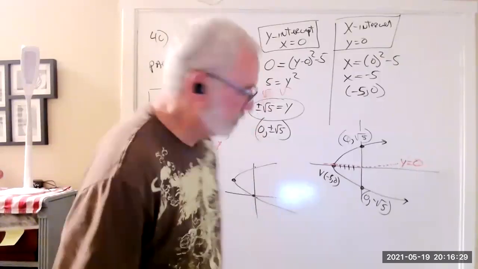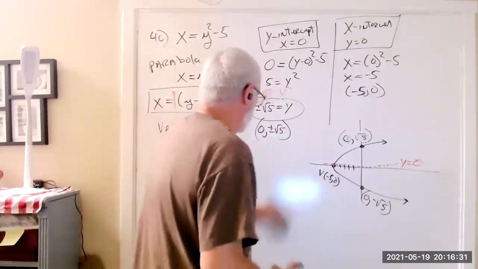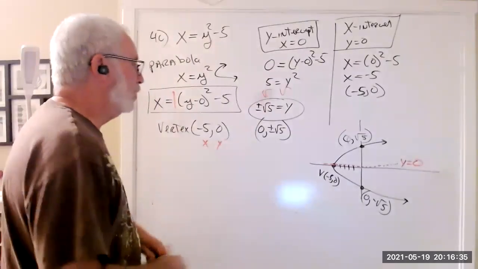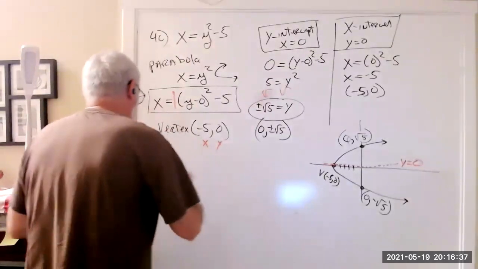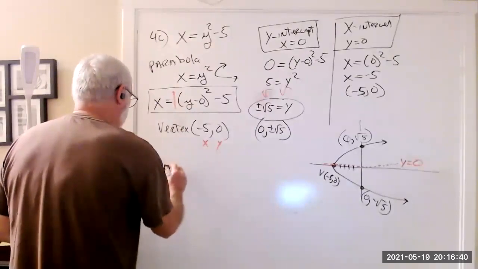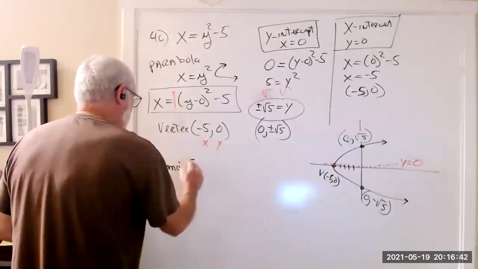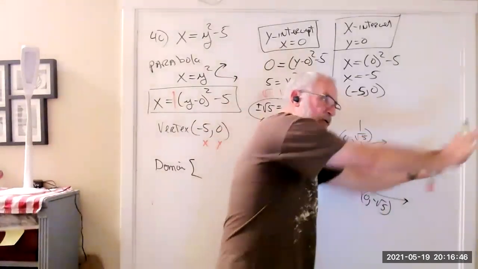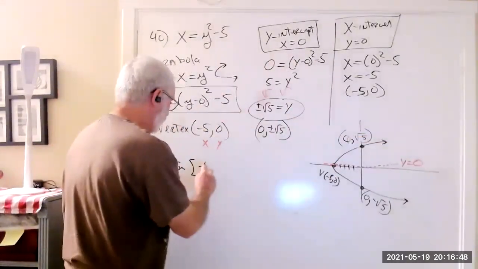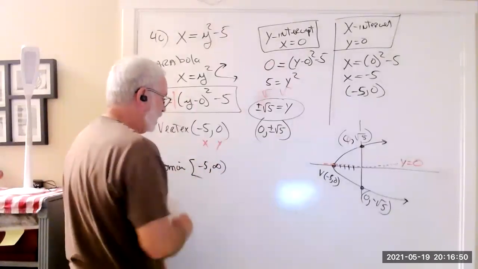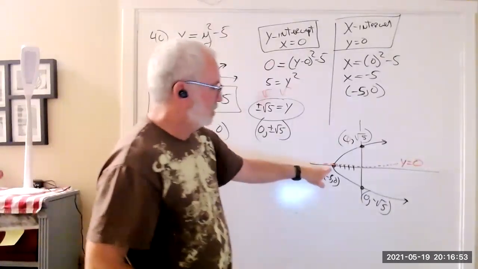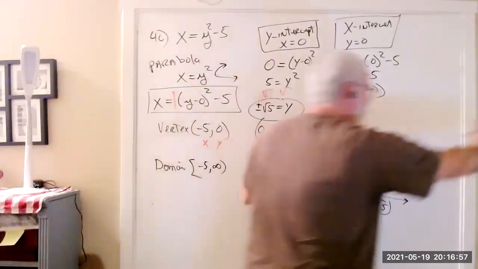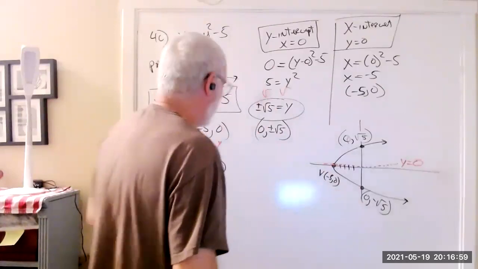And lastly, we need to come up with a domain and a range. This time, the domain starts at -5 and goes forever that way. So -5, comma, infinity. -5 is my smallest x, and then it goes positive forever for all my x's.